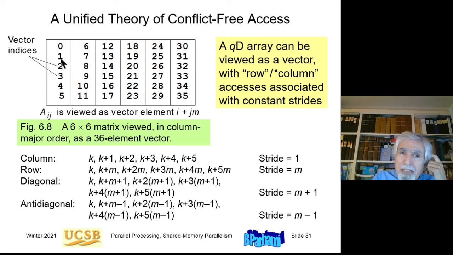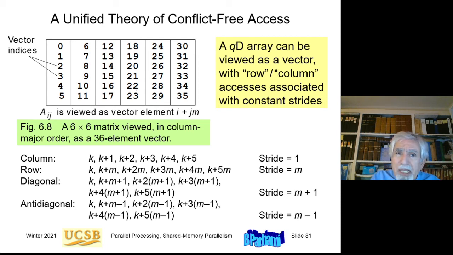Stride is basically the difference between one address and the next. If we want to access the row, let's say row 0 is 0, 6, 12, more generally k plus m, k plus 2m, so the stride becomes m, or 6 in this example: 0, 6, 12, 18, 4, 10, 16, 22.